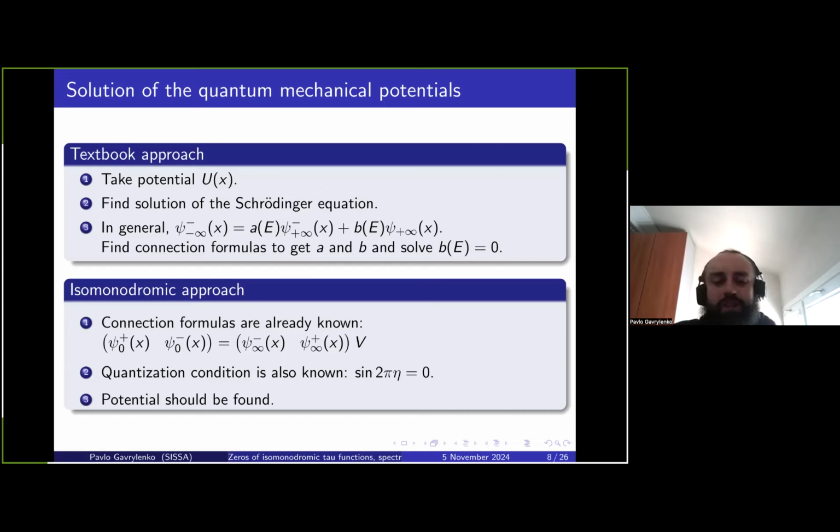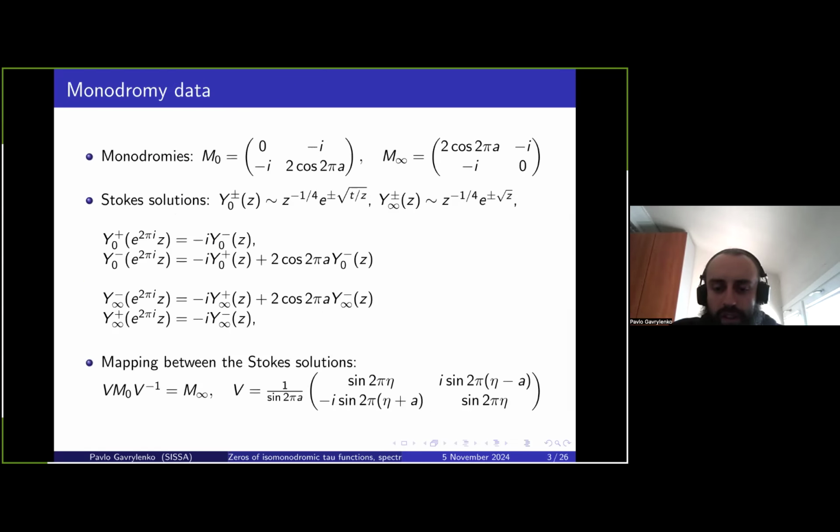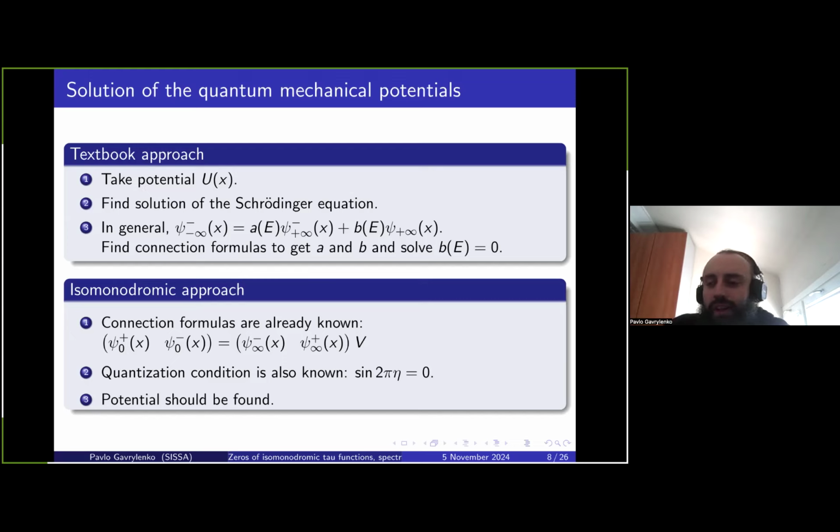Well, this is something known. Also, if we ask that a decaying solution maps to a decaying one, we can look at the explicit form of this matrix, and I see that this condition means vanishing of one element, or two elements. They vanish simultaneously. So it gives immediately this quantization condition.